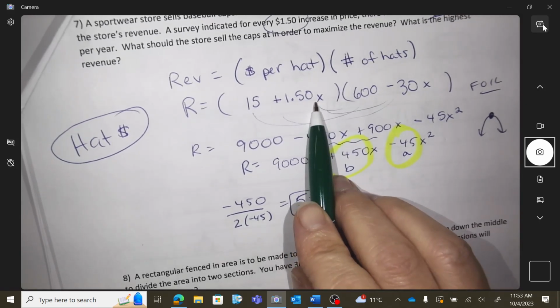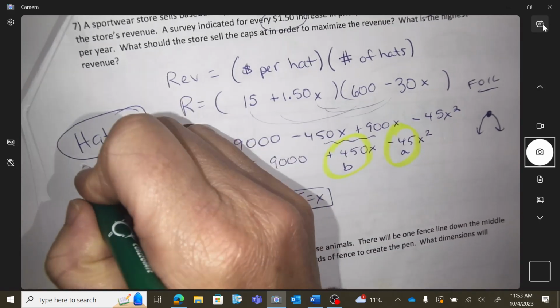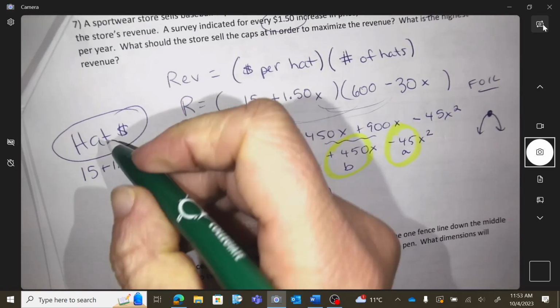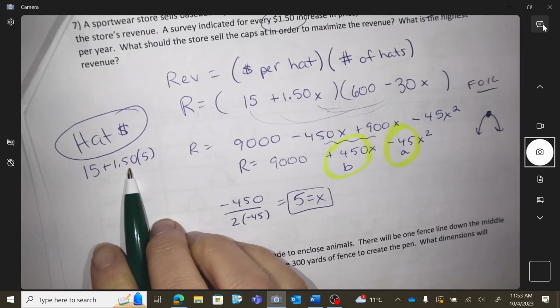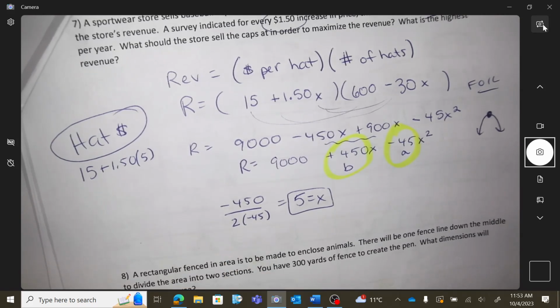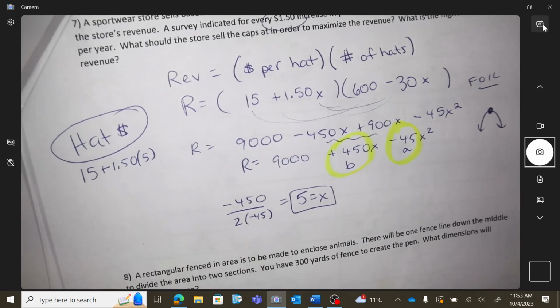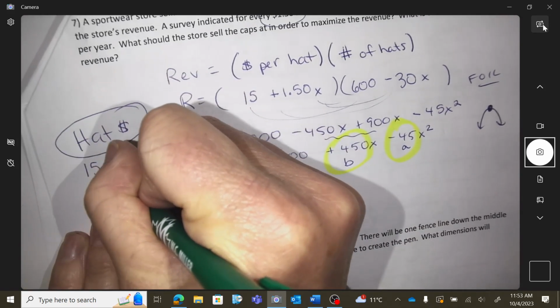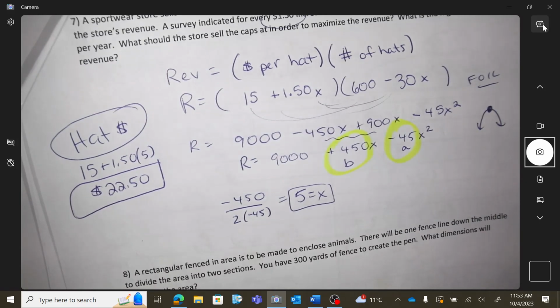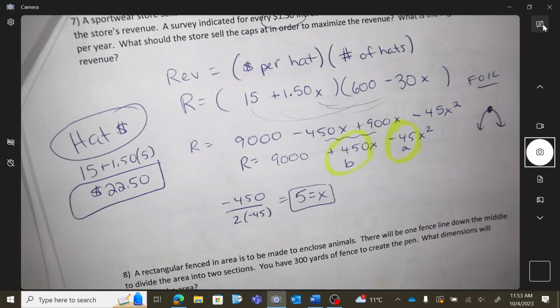You're going to go here, and you're going to start at $15, and then you're going to do a price increase 5 times. So each hat you should sell for $22.50.